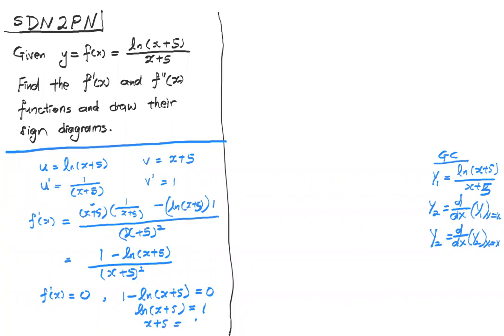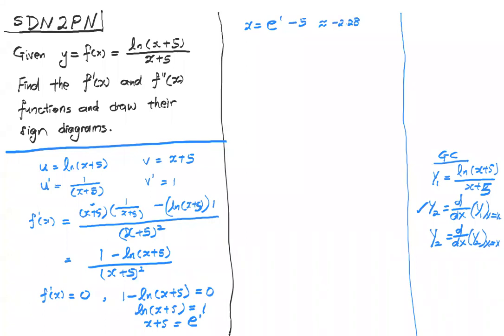You don't have to do it algebraically, you can use your calculator to help you. So my x will be e to the power 1 minus 5, which is approximately negative 2.28. Every time I do this question, I definitely key in the calculator. Can someone give me the approximate value? Negative 2.28, thank you.